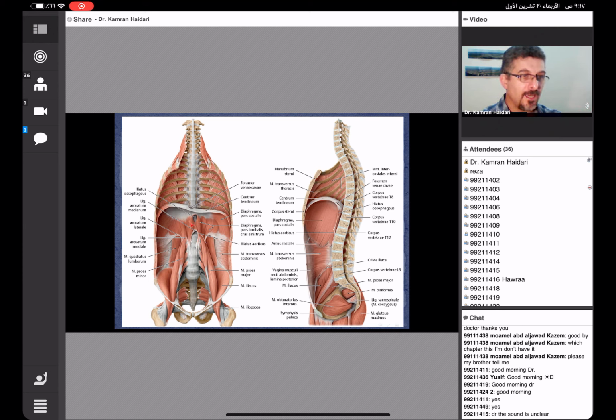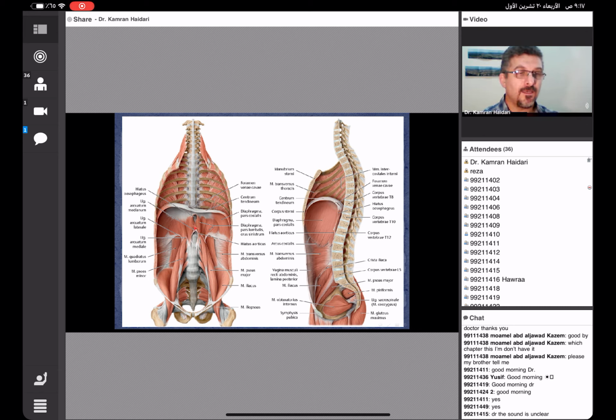This is the left crus and this is the right crus. The right one is longer than the left one, and arises from the anterior surface of the bodies of lumbar vertebrae. The right one arises from L1, L2, and L3, and the left one arises from L1, L2. The left one is shorter.